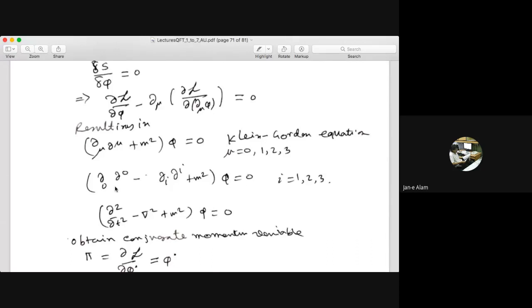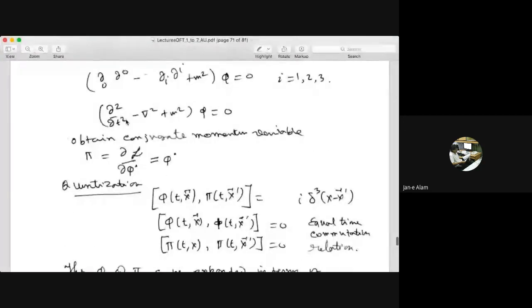You can write this as the double derivative in time and the double derivative in space plus m squared phi equal to 0. All these things we have done, and then you can also calculate the conjugate momentum by taking the derivative of the Lagrangian with respect to phi dot, very similar to what you did in classical mechanics. P is del L del Q dot.